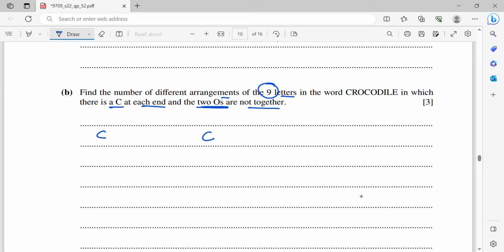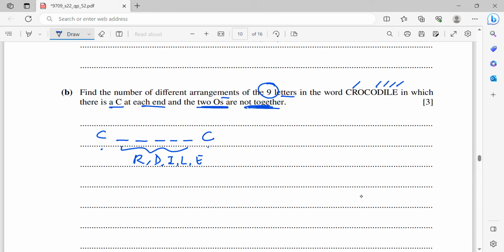Initially you have 9, and in this 9 you already included 2 C's. Then you will have another 2 O's. To make sure they are not together, I have to exclude them first. Then I will have another R, D, I, L, and E, another 5. So I will draw 5 lines here first. These 5 lines will be for R, D, I, L, and E.